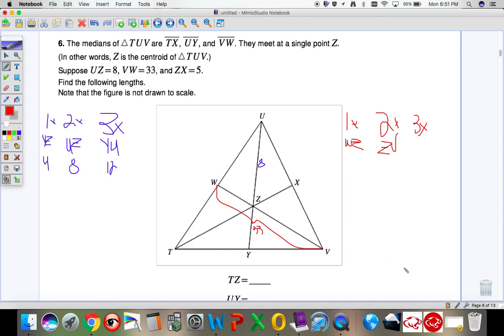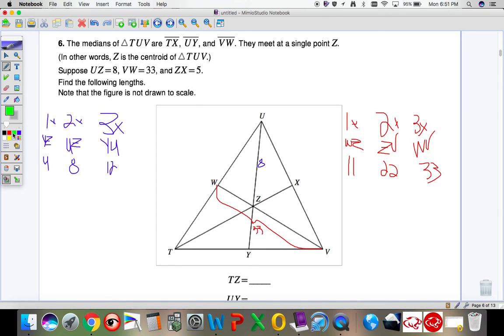And 3x is your whole thing, so that's WV. 3x, WV, that's 33. So if 3x is equal to 33, x is equal to 11. Then 2 times 11 would give you 22. And that's all that you have to do.